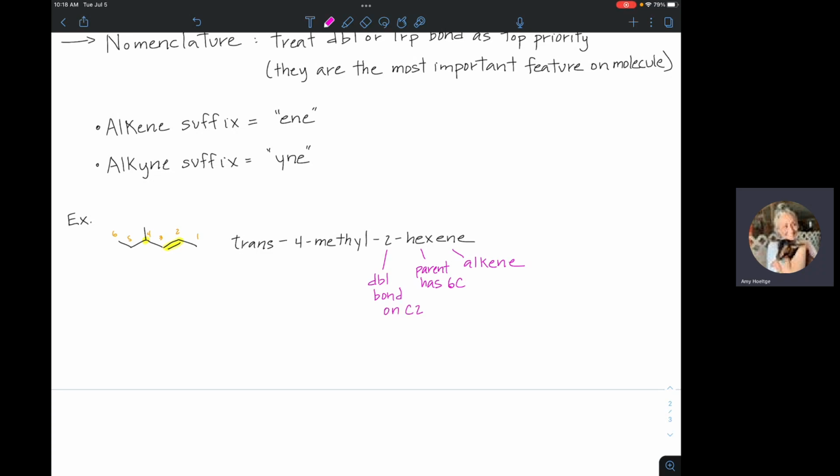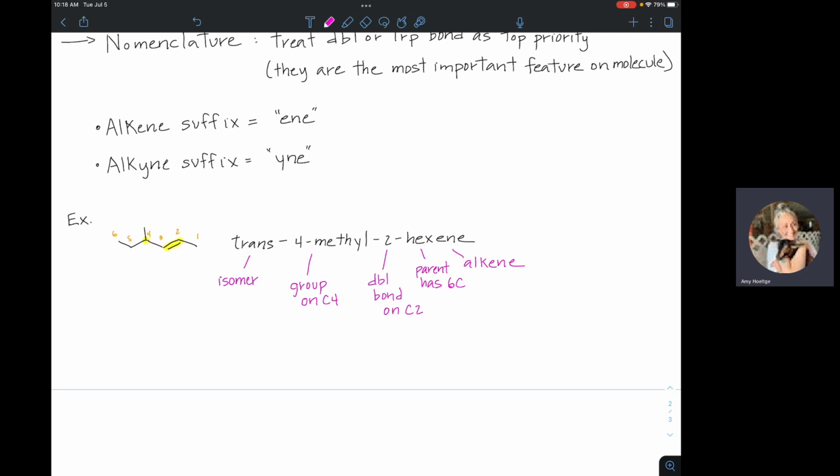So it's between C2 and C3, but we're going to give this functionality priority, and so we're going to give it the lowest possible number. We have a methyl group on C4, and this is the isomer that we have.